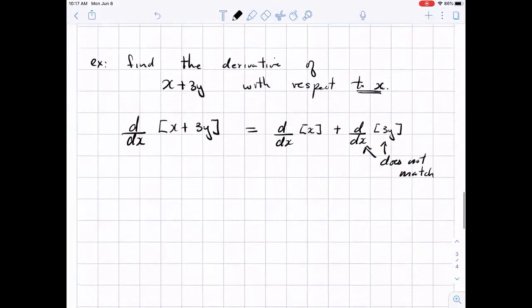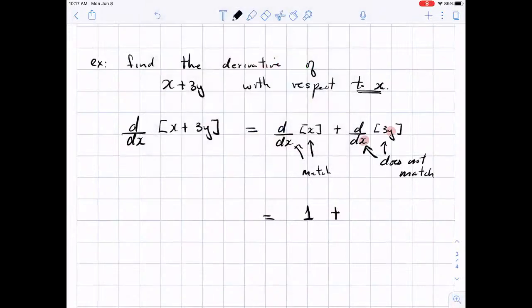So taking the derivative now, since these variables match, the derivative of x would be 1. So this becomes 1. Since these variables here do not match, here it's an x and here it's a y, we have to use the chain rule.